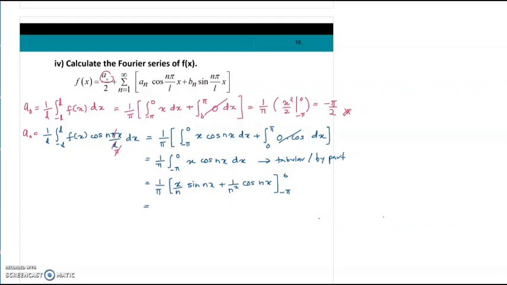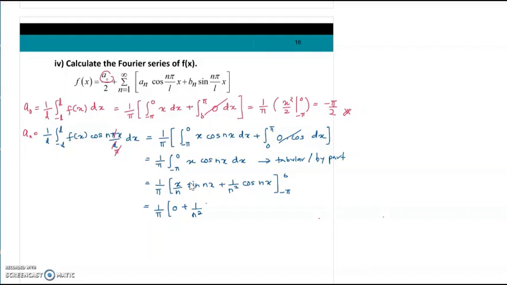So we have here 1 over pi. When x is 0, the term here will be 0, x is 0, so we have 0 over here plus 1 over n squared cos nx. So x is 0, we have cos 0. Cos 0 is 1, so what's left is just 1 over n squared.